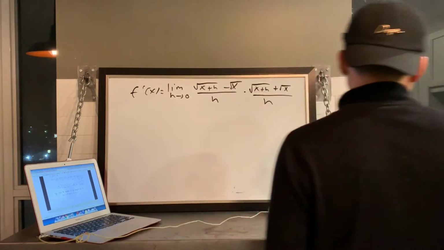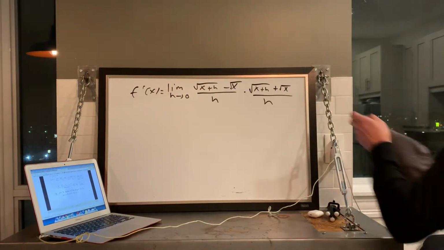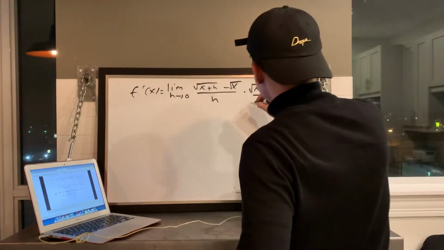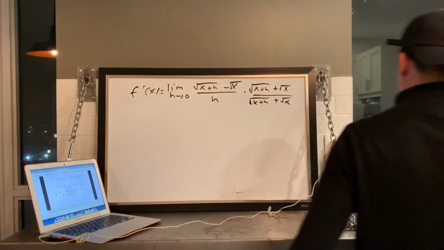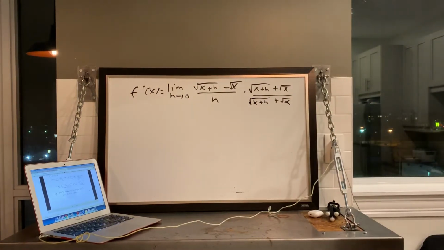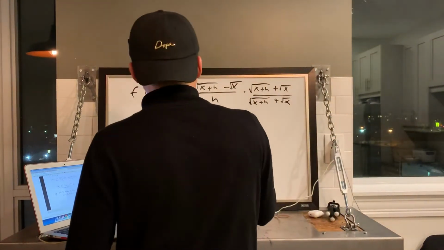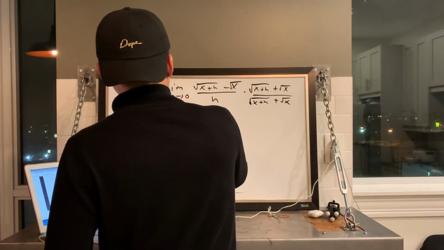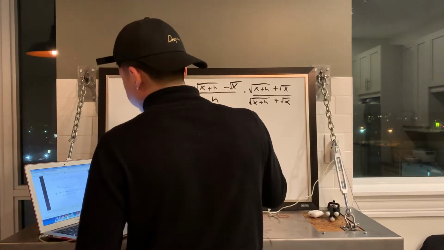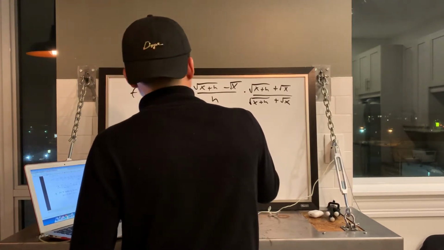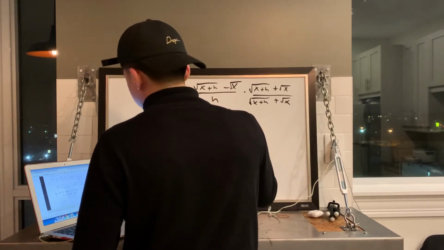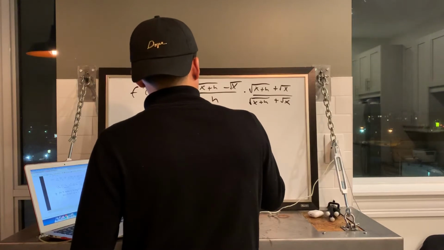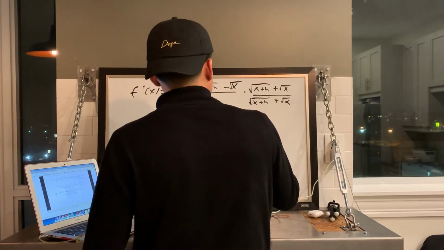Actually, you're going to do the same thing on the bottom part of it. So you're going to do root x plus h plus root x. So we're going to get the limit as h approaches 0 of x plus h minus x all over h times root x plus h plus root x.